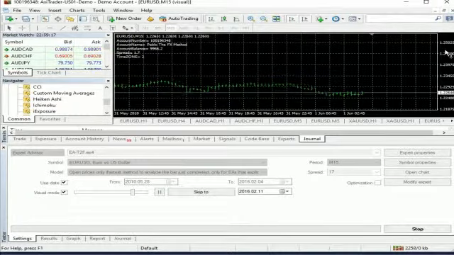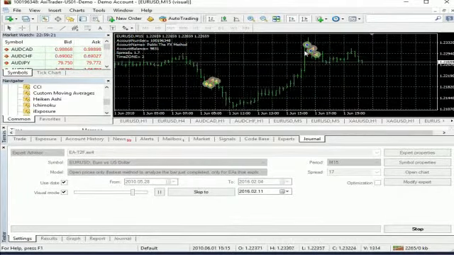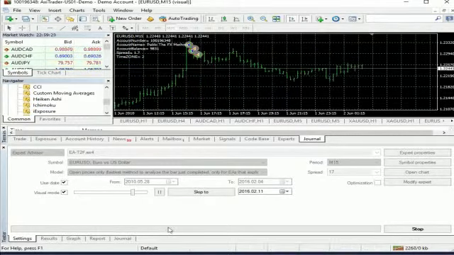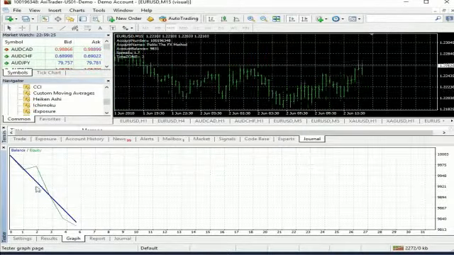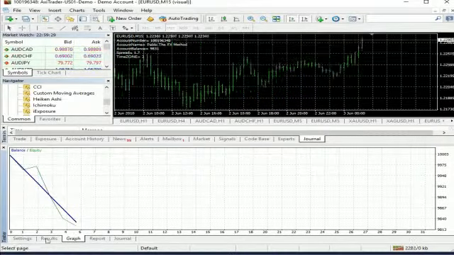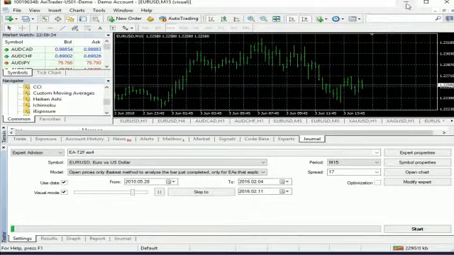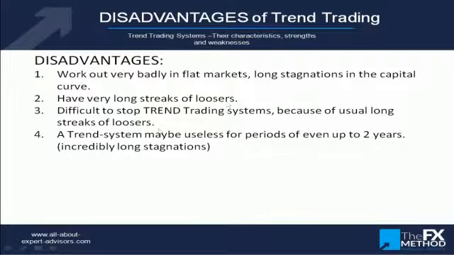And you should say, okay, then let's put it further away. Another stop loss. Another trade, it catches all the stop losses here, you see? Losing, losing, losing, losing, losing, one after the other, right? And that's the truth of trend systems, the losing streaks. And it makes it very difficult to stop these things.